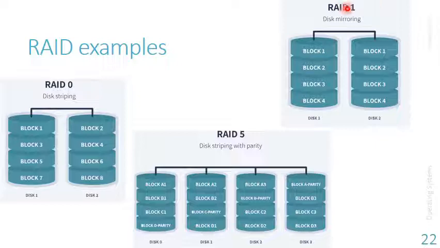Let's compare it to RAID 1, which is disk mirroring. Here it feels like we're copying the exact same data over 2 disks. So I'm fitting 4 blocks of data here. Space size efficiency wise, RAID 1 is way smaller, so we're not putting a lot of data in it, only 4 blocks, whereas here we're using 8 blocks.